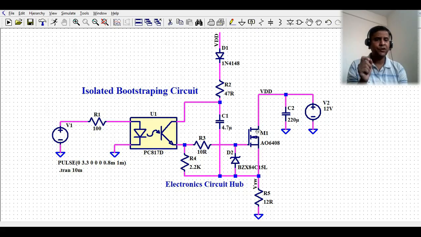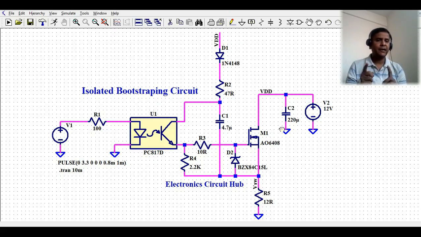High side means your MOSFET is directly connected to VDD, the power rail, and at the source of the MOSFET you have connected your load. Here in our case it is R5. So this is high side.